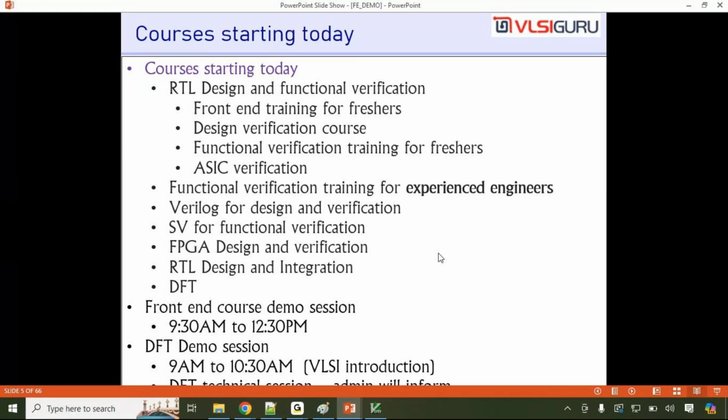RTL integration has some 8 sub-activities: linting, CDC, UPF, LEC, synthesis, STA, and a lot of other topics. The person who starts his career won't be given the entire work. They'll give smaller activities, and as he learns, they will give the full activities. So it is not compulsory that the person has to start as a design engineer.